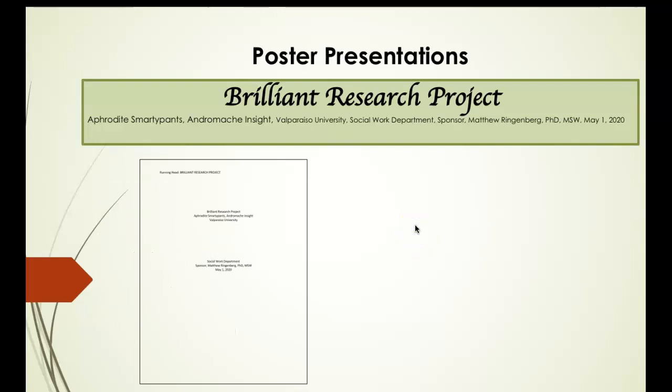The two formats that are most commonly used are the banner or the cover page formats. The banner is, as you'd suspect, at the top with large print, and it would have the content that I just mentioned. So your names, the university, the department, my name, and listed as a sponsor, and then the date of the presentation.